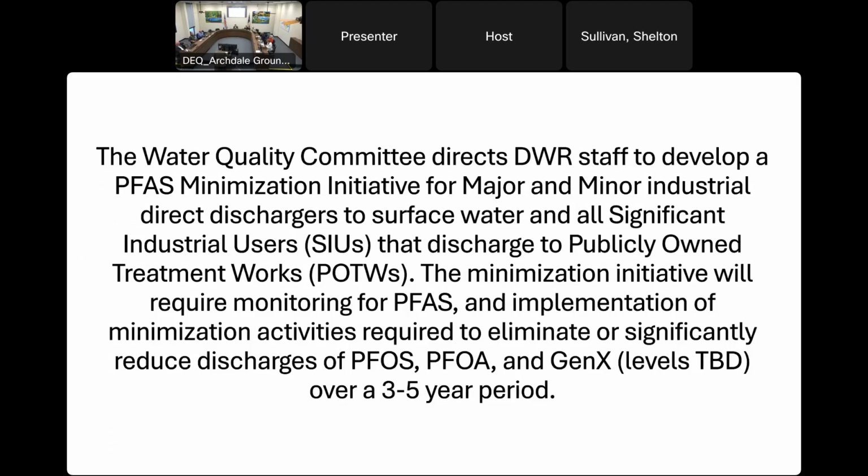As discussion went on, I think the only change is that PFOA and Gen X were added to the statement, as well as levels, which means the screening level is to be determined, so that we don't have the 12 parts per trillion out there, less than 12 parts per trillion. But you've added the PFOS, PFOA, and Gen X levels.